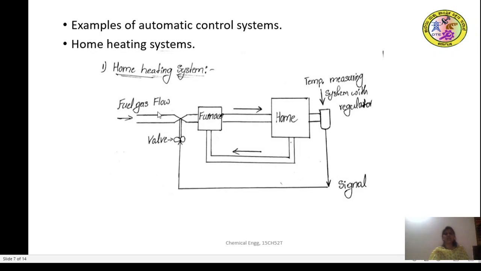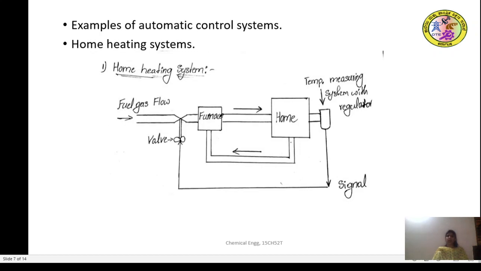So again the fuel gas will be heated and the hot air will be sent to the home and the required temperature is being maintained, and again the temperature measuring system will measure the temperature until the output value of the controller reaches the set point, which we want for the home heating, about 25 degrees centigrade.